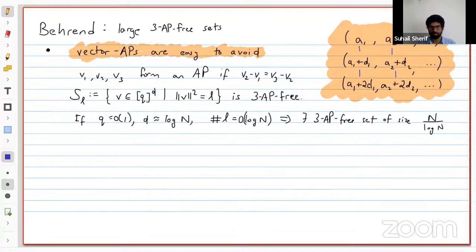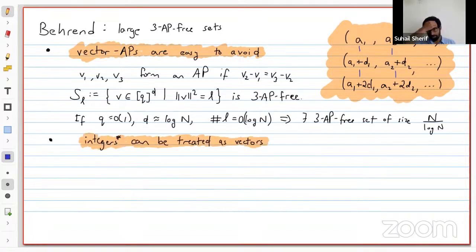And so with a pigeonhole-like statement, you can say that at least one of these sets has size at least n by log n. So it's in this sense that you can find large sets of vectors that don't have arithmetic progressions. The problem is that we want integers, not vectors.